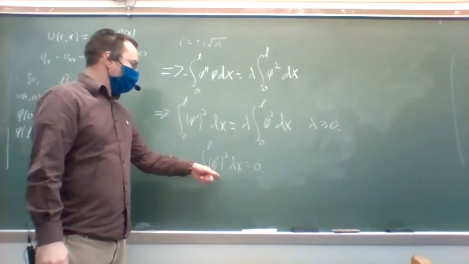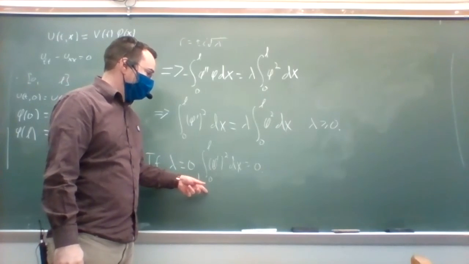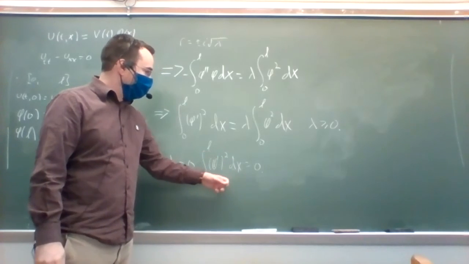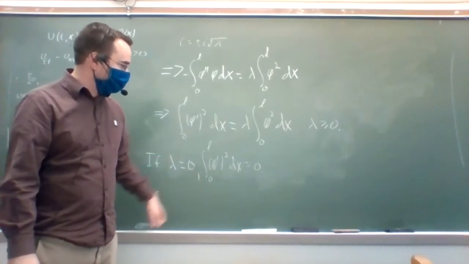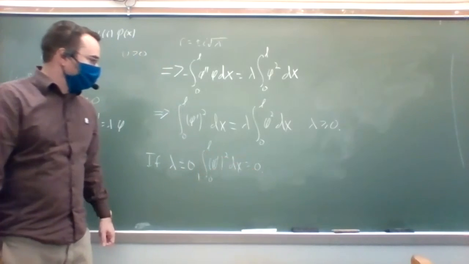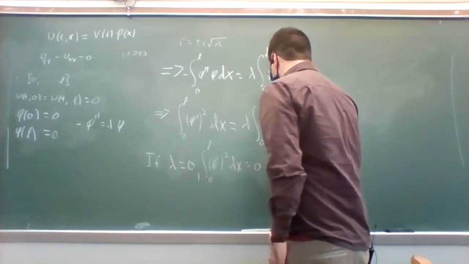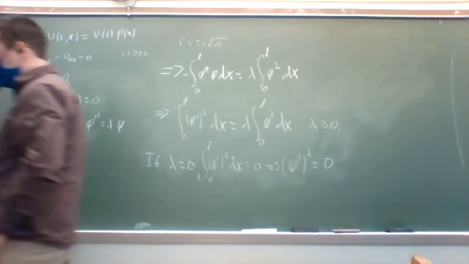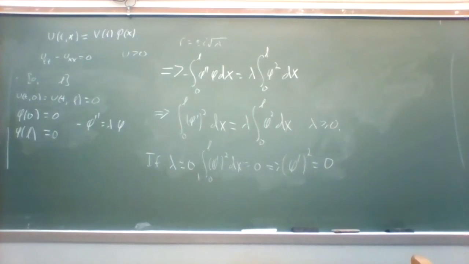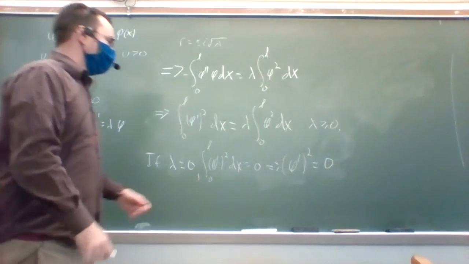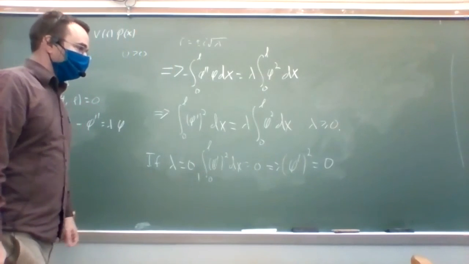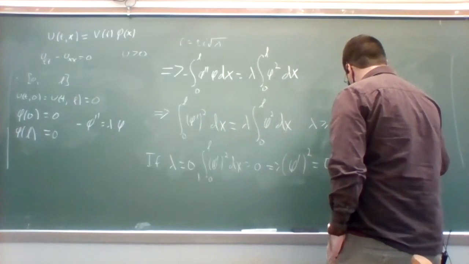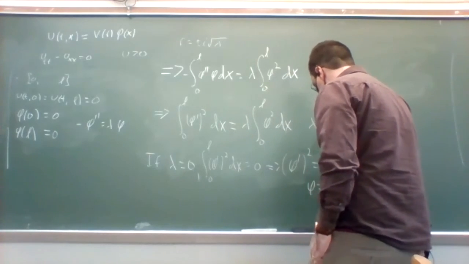And once again, by the same argument I said before, like the contrapositive of that argument, if you've got a function that's non-negative and continuous, and you're integrating that function in this closed interval, and that integral is equal to 0, then the function has to be 0 everywhere, because contrapositively, if the function weren't 0 everywhere, the integral couldn't be 0. So it tells you phi prime is 0, and therefore phi equals c.